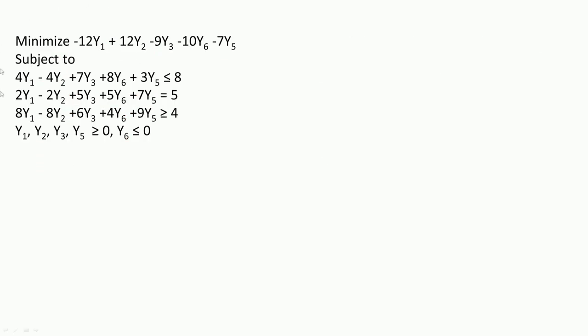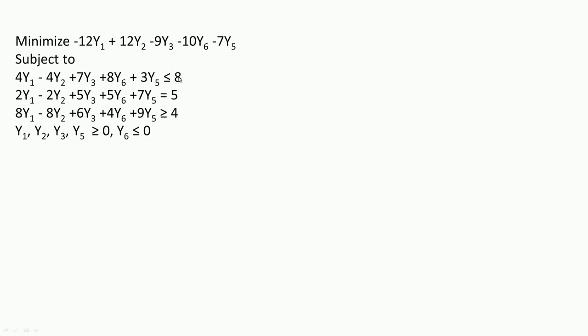Now, that is shown here. Now, all the 3 constraints have 8, 5 and 4, and now we realize that y4 has been replaced with minus y6. Therefore, y6 is less than or equal to 0, and the minus values have become plus values.